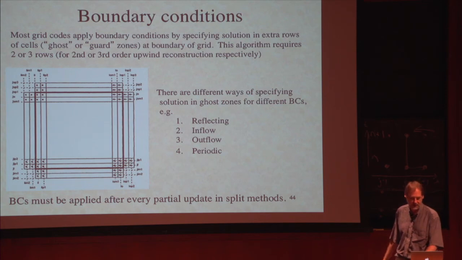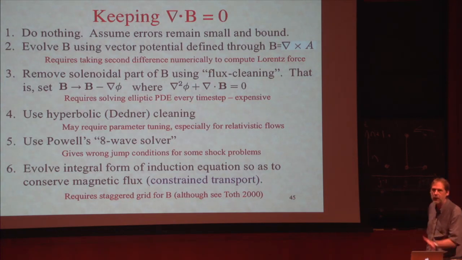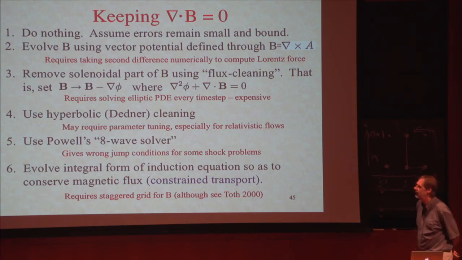That can be problematic. How do we keep div B 0? There are a variety of ways implemented in different codes. One way is to do nothing. This was popular 10 years ago, not so much now. Just assume everything's okay. But you and I know what happens when you assume. That doesn't work very well.